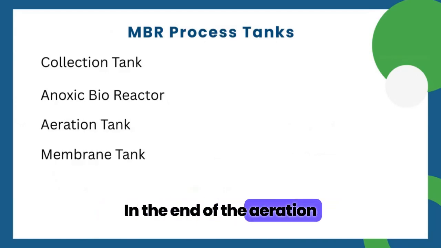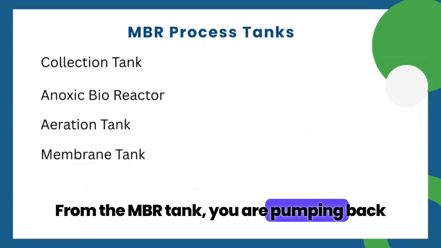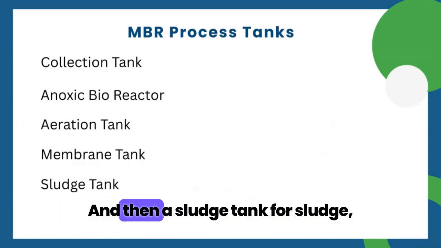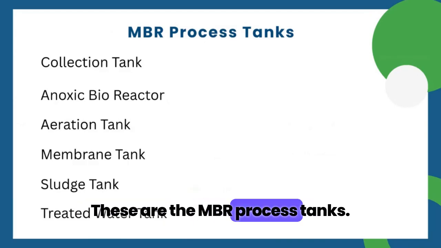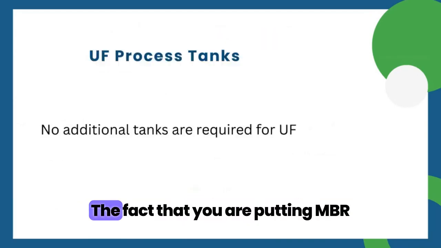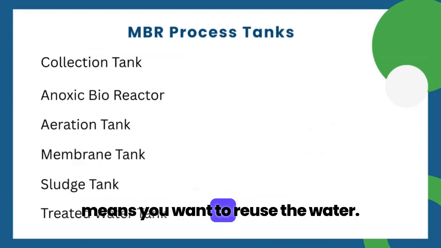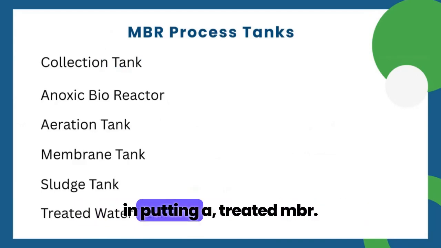In the end of the aeration tank, there will be an MBR tank. From the MBR tank, you are pumping back your sludge into the anoxic tank. All right. And then a sludge tank for sludge digestion, and a treated water tank. These are the MBR process tanks. All right. The fact that you are putting MBR means you want to reuse the water. If you don't want to reuse the water, probably there is no point in putting in an MBR.